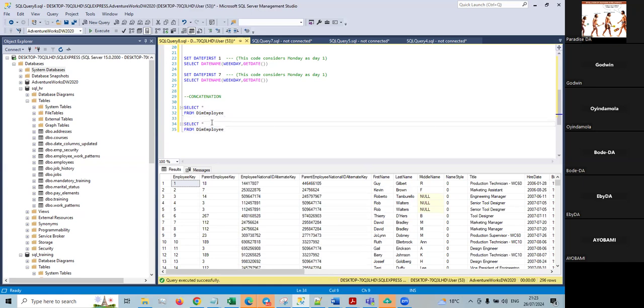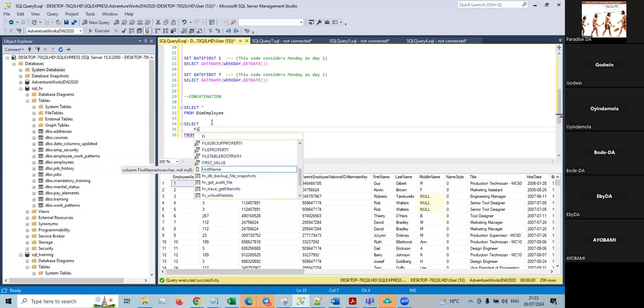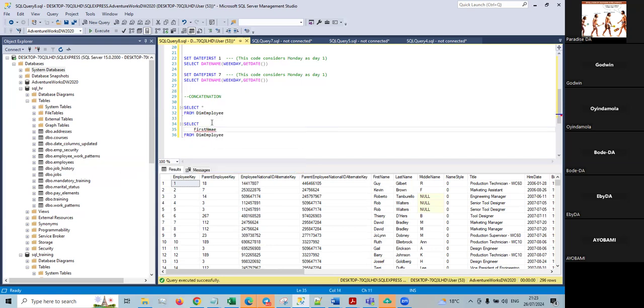instead of SELECT star, we want to select FirstName, LastName. And we want to concatenate the first name and the last name to give us the full name.